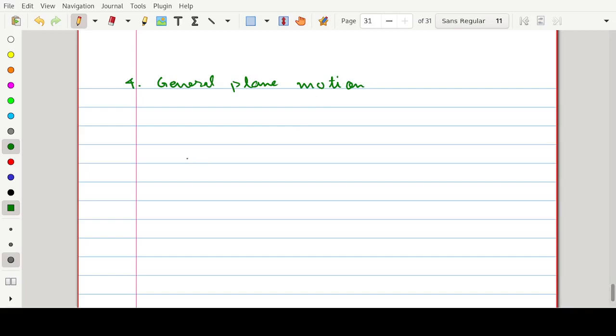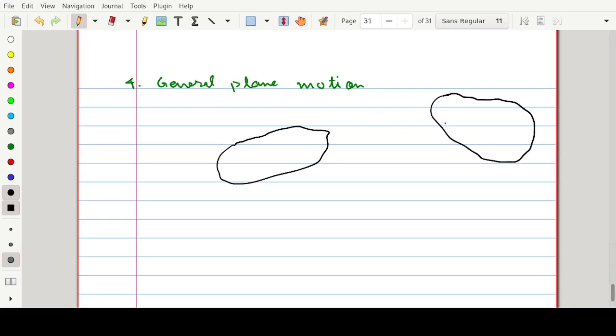So what is general plane motion? In general plane motion, as the name suggests, your body will move in a fixed plane, right? So it can rotate, it can translate, it can do a combination of both, but its rotation will always be perpendicular to the plane.